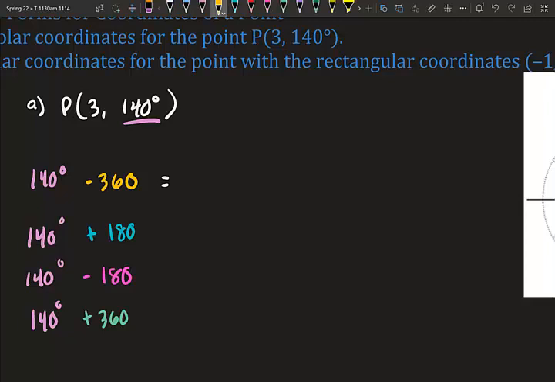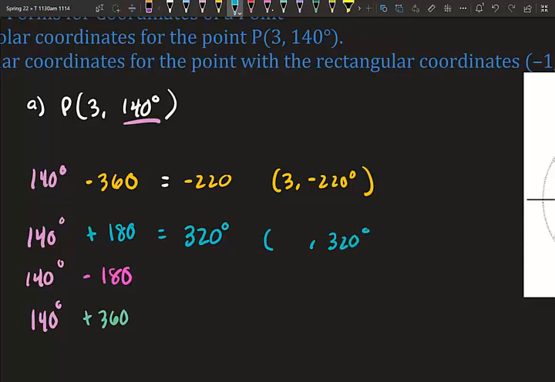So 140 minus 360, we get -220. That means our polar coordinate is blank, -220 degrees. Keep going, 140 plus 180, we get 320 degrees. So our polar point is blank, 320, but bear with me here. I'm going to leave that blank for a second.